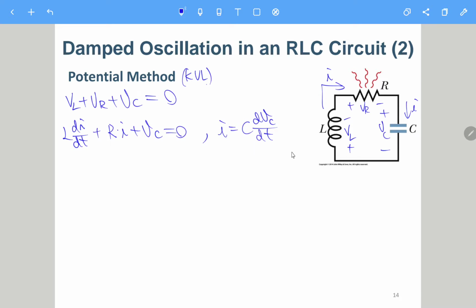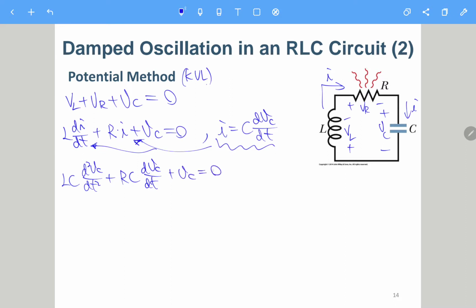Here we plug this into the equation. For the first term, we get LC d2VC/dt2 plus RC dVc/dt plus VC equals 0.